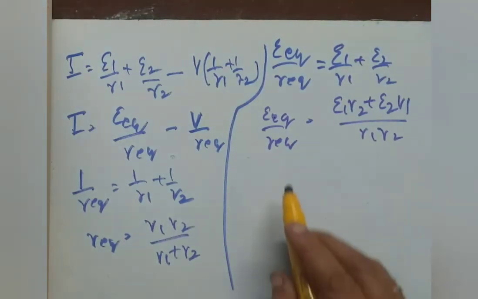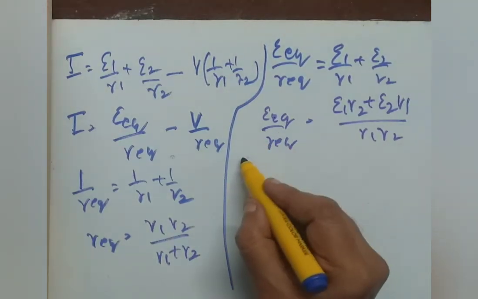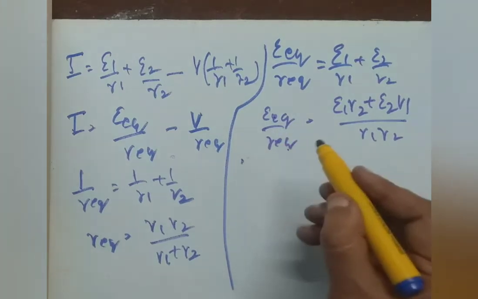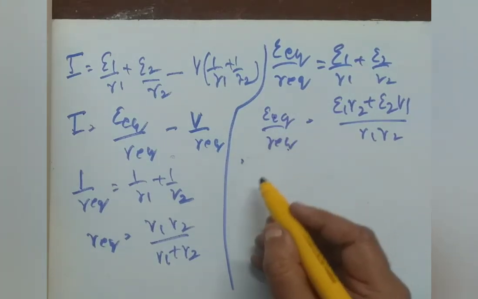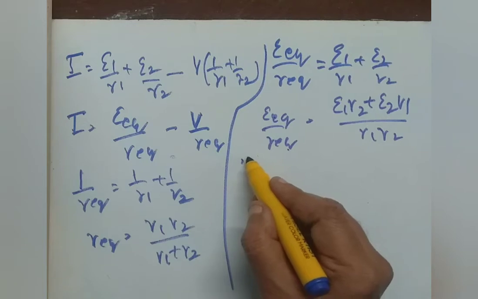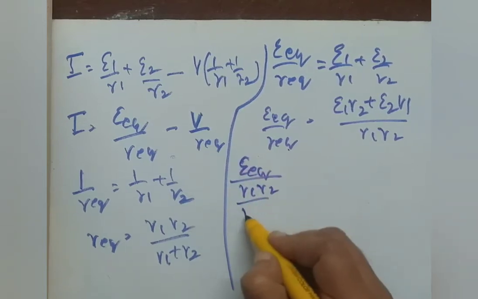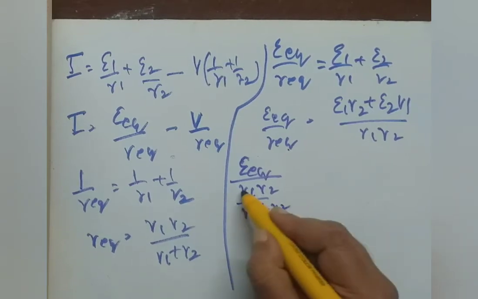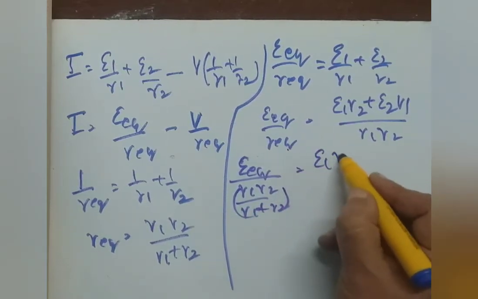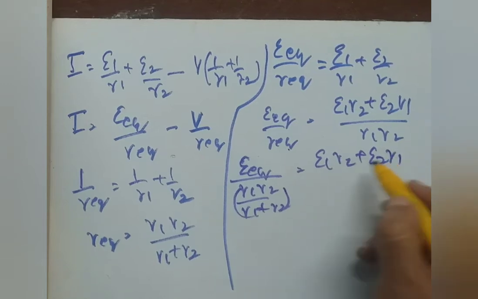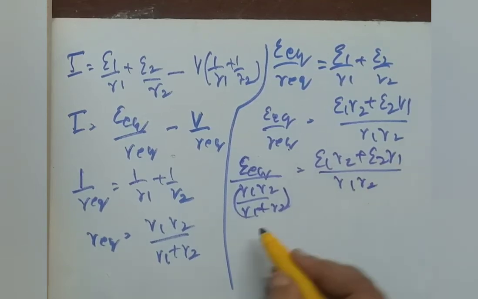Now substituting for R equivalent, we can write E equivalent by R1 R2 by R1 plus R2, which is equal to E1 R2 plus E2 R1 by R1 R2.